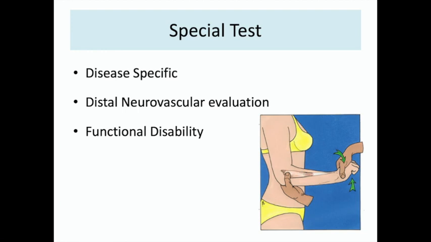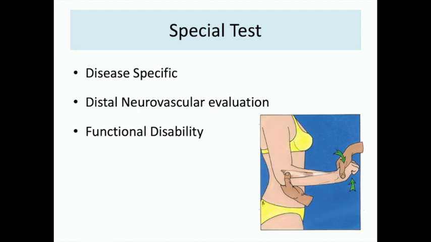And the last thing, re-emphasizing functional disability, you might ask the patient to demonstrate exactly what disability. For example, he might be a cook and he might tell that he has difficulty in cutting and chopping watermelons. So that tells you that there is some problem, maybe of instability or some extensor mechanism problem. So please try to identify the functional disability.